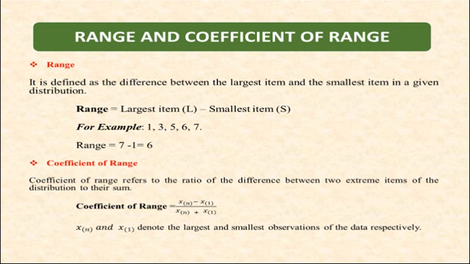The formula for calculating coefficient of range is given as: coefficient of range is equal to xn, which denotes the largest item of the observation, minus x1, which denotes the smallest item of the observation, divided by largest item plus smallest item.